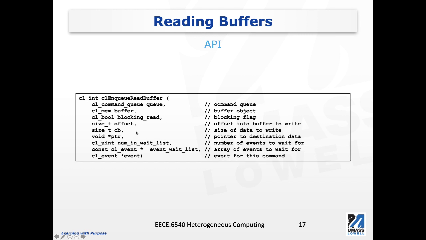Actually, there is a typo here. Also the size of the data to be copied, and then the pointer to the destination. So this is a pointer to the host side memory. And again, the last three arguments are for the events, specifying whether this API call needs to wait for any events or generate any event.